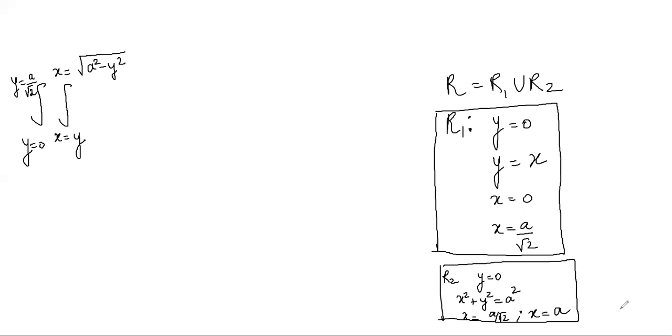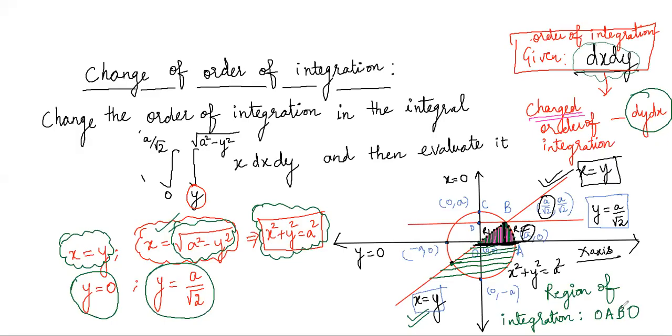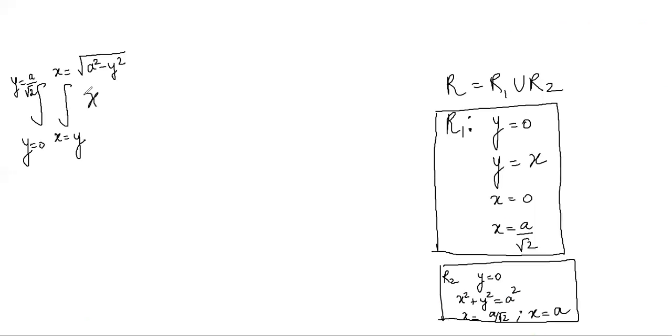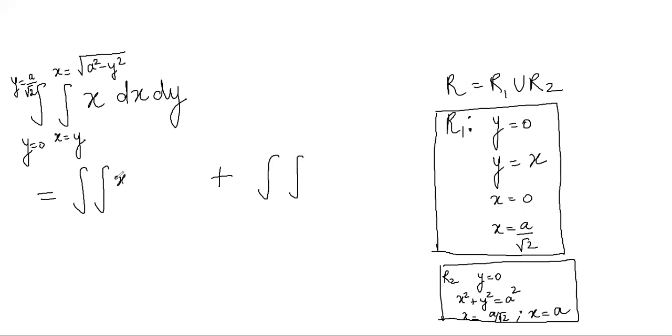And the integrand is x. So let us write down the integrand, which is x. The given order of integration in the problem is this one. We are changing the order of integration. We have seen that while changing the order, the ending curve for the strips is not the same, so it will break into two parts corresponding to the regions R1 and R2. The integrand is x.